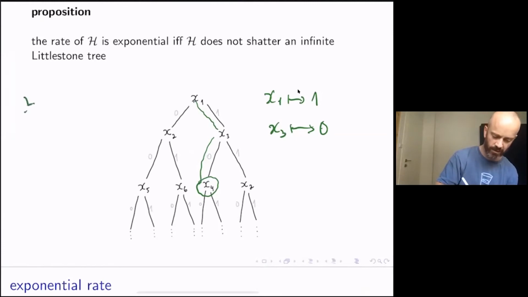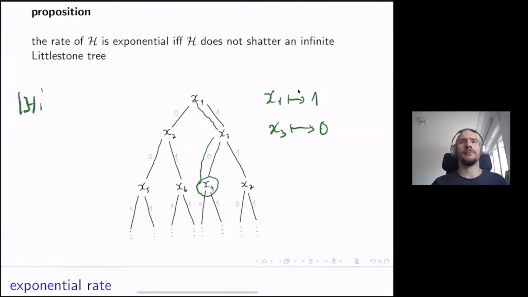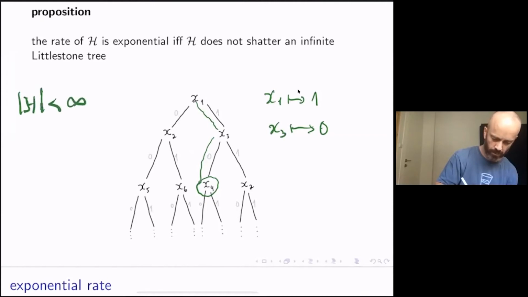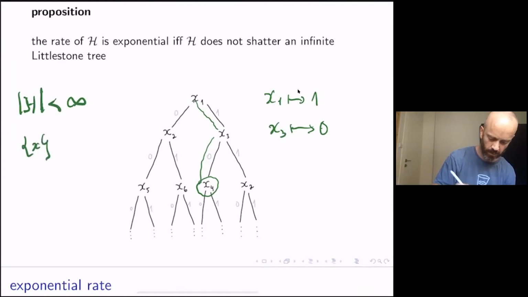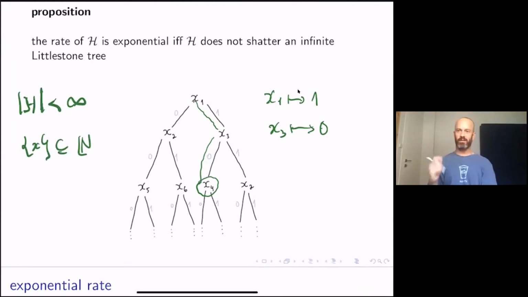One is when H is a finite class. This is one example of a class that does not shatter an infinite tree. Another example is maybe all singletons in N, just all sets of a single element inside the natural numbers. This is another example of a class that does not shatter an infinite tree.